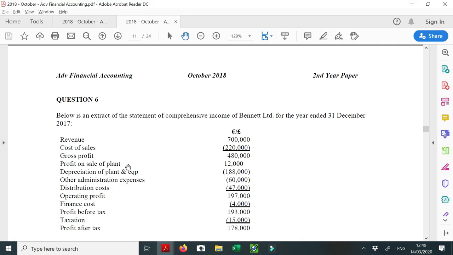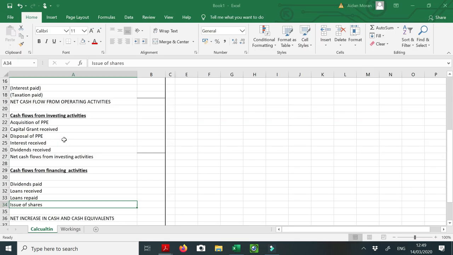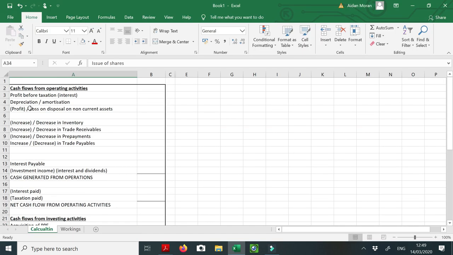Okay, so taking a look at the question, below is an extract of the income statement for Bennett. I start off with sales and cost of sales, and I do have profit on sale of plant, so I am going to need to include this up here as profit or loss on disposal.